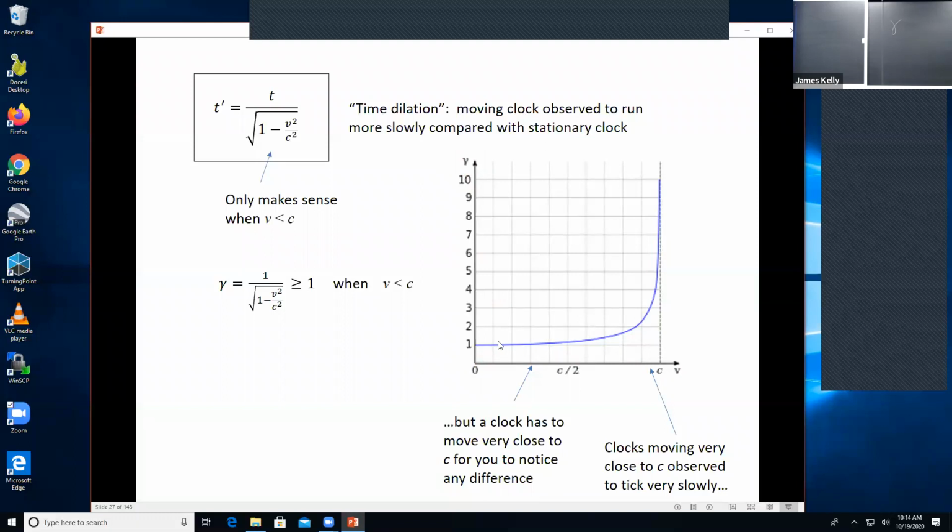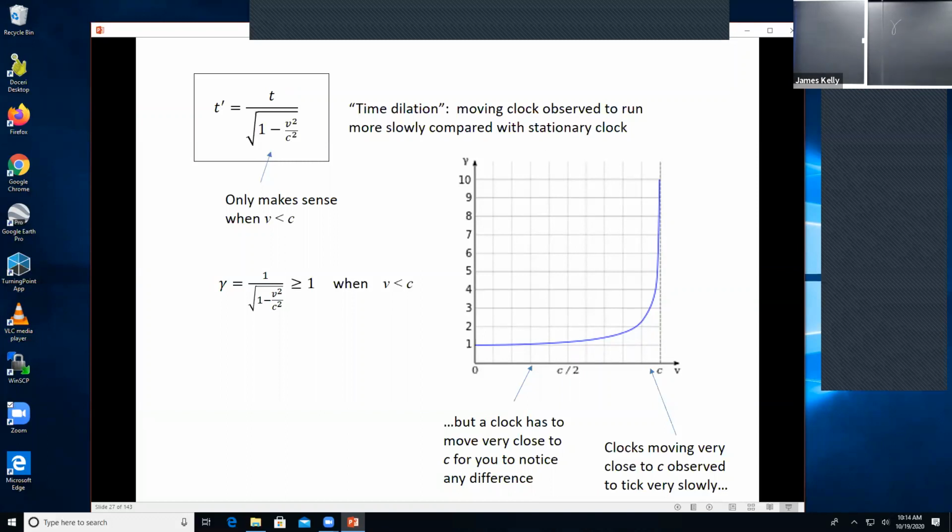And it's telling us that gamma is almost 1 until you reach about half the speed of light. If gamma is 1, that means t prime is very close to t. And that means there's no time dilation effect. And that's exactly what Newton would believe. If you assess that 5 seconds have ticked off, everybody else, regardless of how they're moving, is going to assess that. That's what Newton believes.